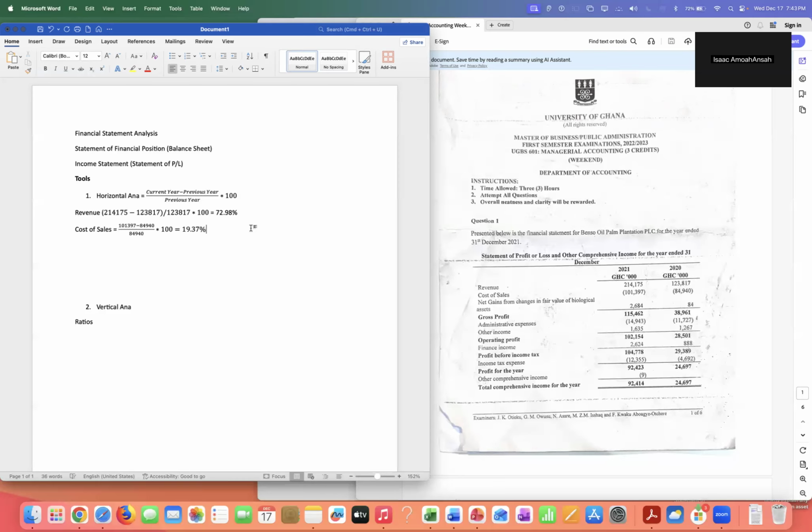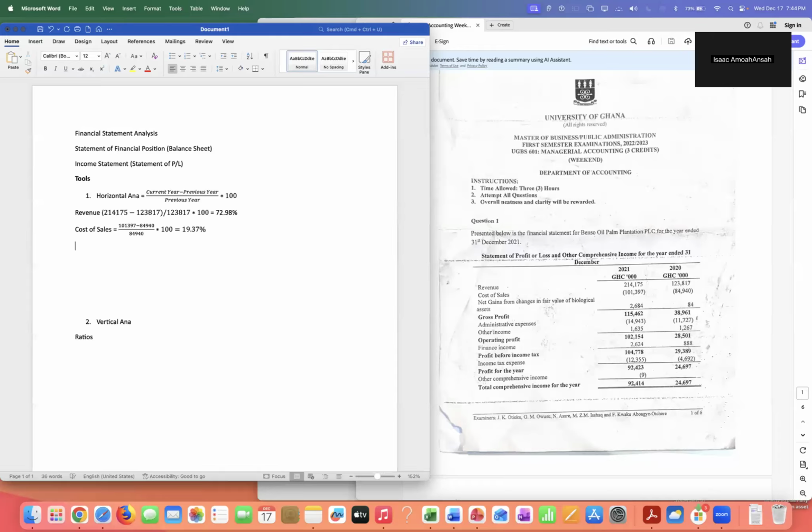It's the cost that you incur in getting the items that you sell into a sellable condition, right? So if that cost is growing at less than 20%, but your revenue is able to grow at more than 70%, then it's a good sign. Then we can go on and compute the other items, but let's jump some of them and pick up on some relevant ones.